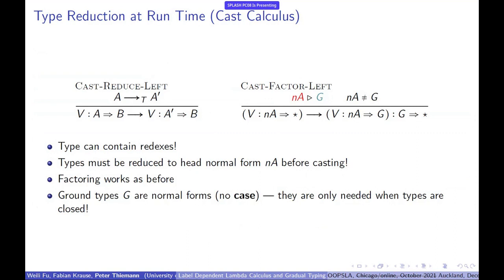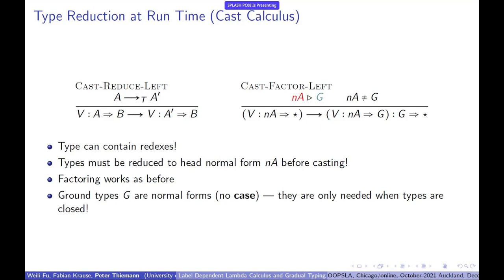So it may contain one of those case constructs, and therefore, before I can cast anything, I need to reduce the type. I mean, what would you expect in a dependent type system, right? You have to do reductions in types. Since here in the cast you have types, you have to do reductions as well before you can reduce. So that's what's happening. So types can contain redexes, and you have to reduce them to a head normal form.